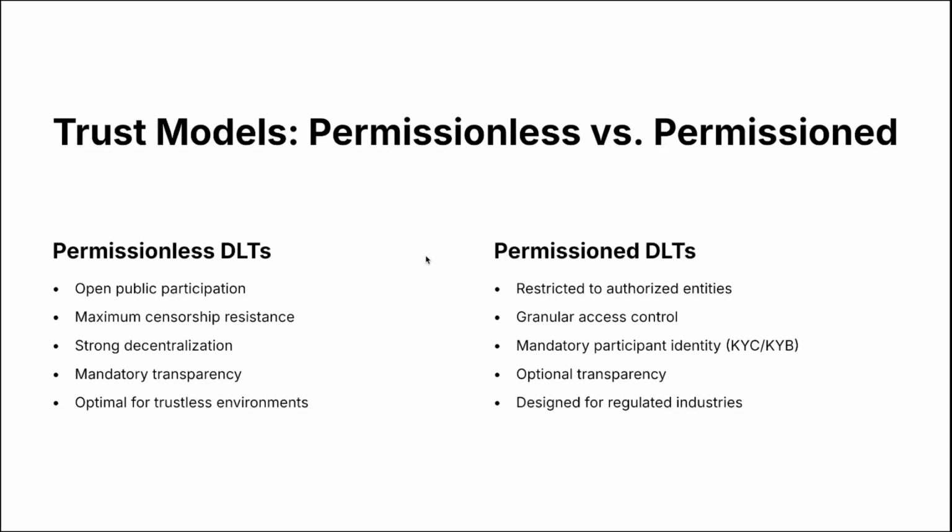All right, now let's talk about the trust model. We have two types of systems when it comes to DLT: permissionless and permissioned. Permissionless DLTs, like Bitcoin and Ethereum, are open to anyone. Anyone can join, validate transactions, and deploy applications without needing approval.